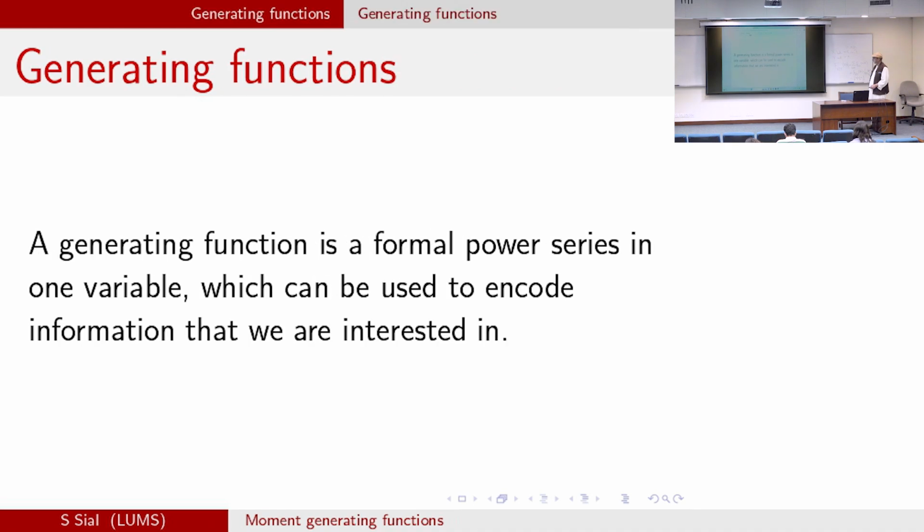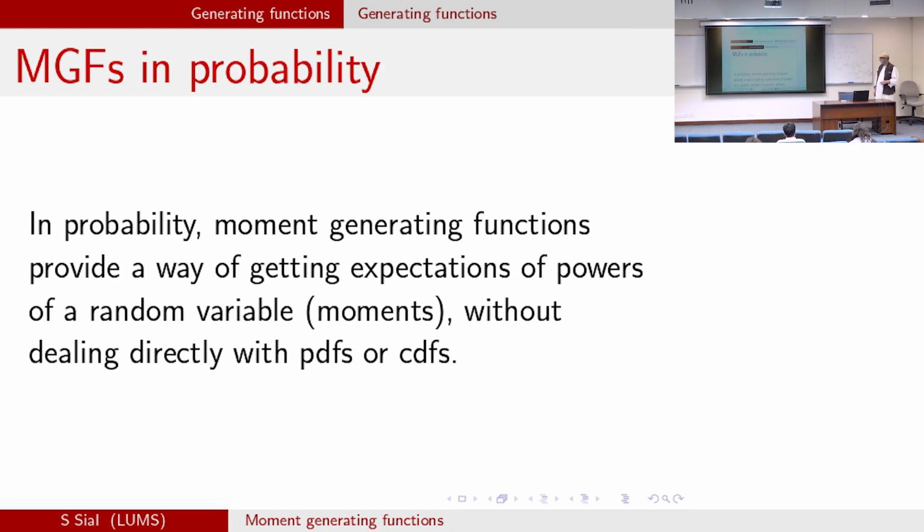Generating functions in general are formal power series, and within that power series there's some way of encoding some information that you like, and then you do algebraic manipulations on that to get out the information that you want. In our particular case, we're looking at extracting moments.